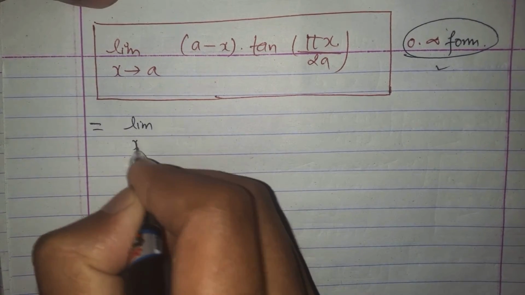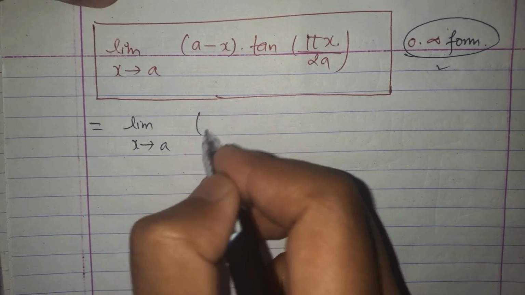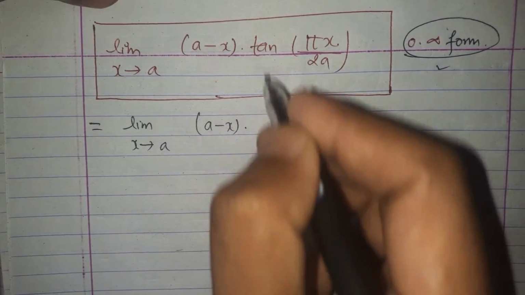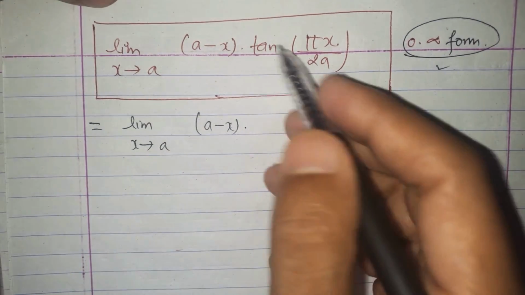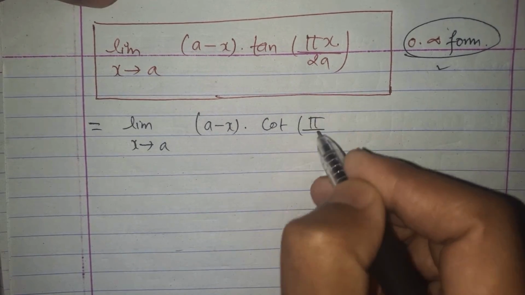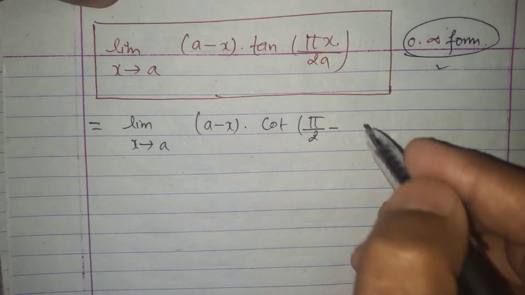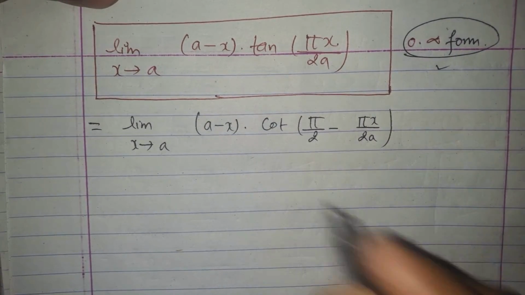Limit x approaches to a, here a is some number, of the function a minus x times, and remember a very important point on the trigonometric ratio: the tangent can be written as the cotangent of pi over 2 minus the same angle, here the angle is pi x over 2a.